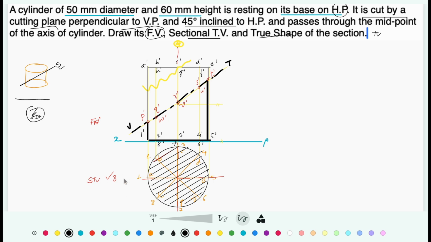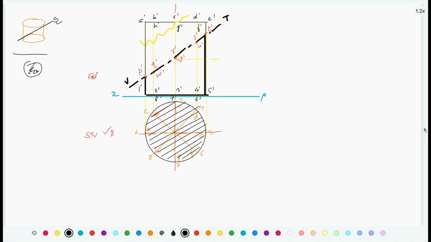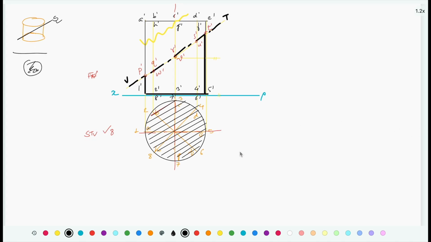Now to draw a true shape of section, what we need to do, we need to draw one auxiliary reference plane which is parallel to the cutting plane. The cutting plane that we have drawn, draw one line which is parallel to this cutting plane. It is going to be parallel to VT. So this is X1, Y1.